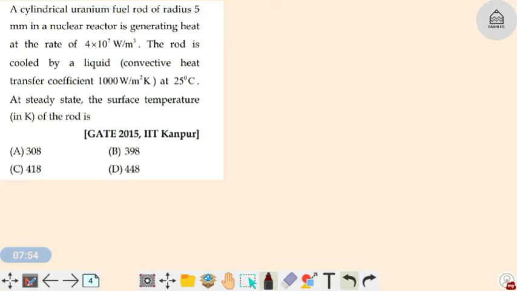A cylindrical uranium fuel rod of radius 5 mm in a nuclear reactor is generating heat at the rate of 4 into 10 to the power 7 watt per meter cube. The rod is cooled by a liquid with convective heat transfer coefficient 1000 watt per meter square Kelvin at 25 degrees Celsius. At steady state, find the surface temperature of the rod.